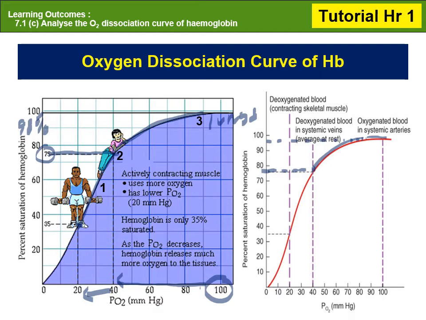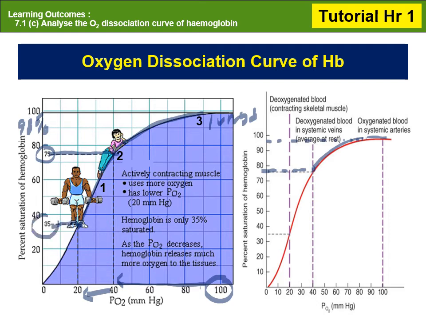So the tendency of the oxyhemoglobin to release oxygen is greater. So the percentage of oxygen saturated with hemoglobin will decrease. Ini ditunjukkan by the steepest part of the curve here. At low partial pressure of oxygen 20 mmHg ni, kalau lihat hemoglobin is only about berapa?